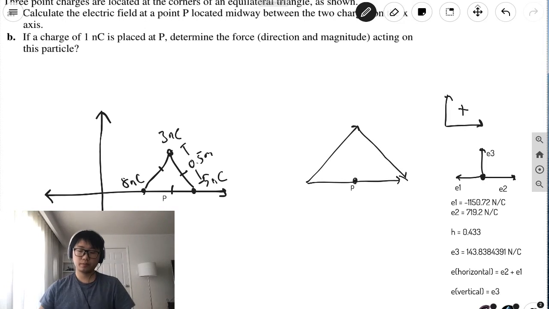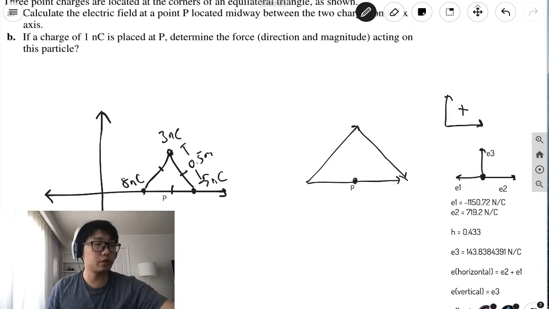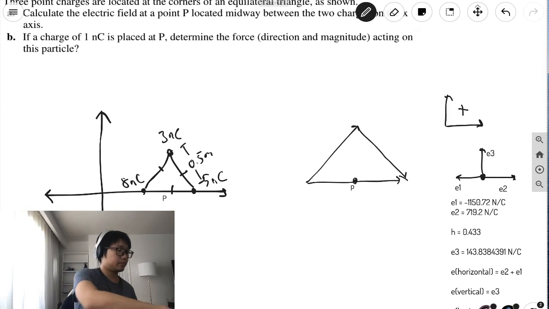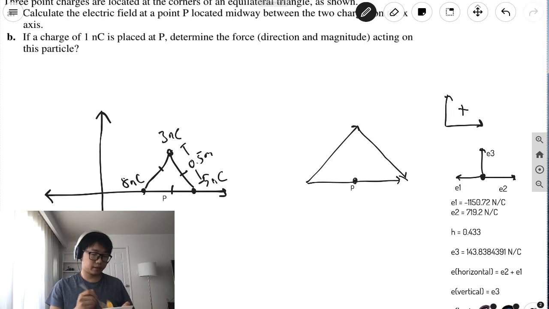Exactly. So just the two components, the horizontal and the vertical, you can add them up and then put them back together at the end.